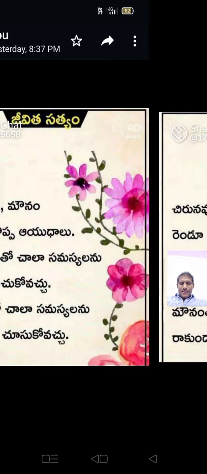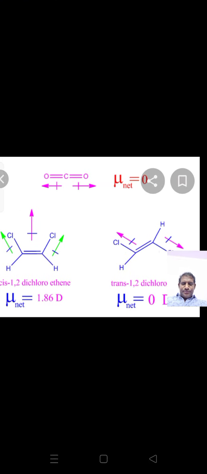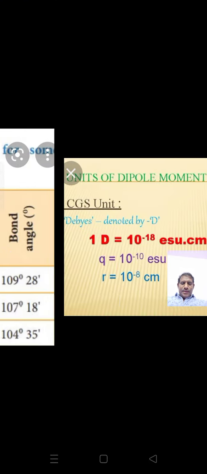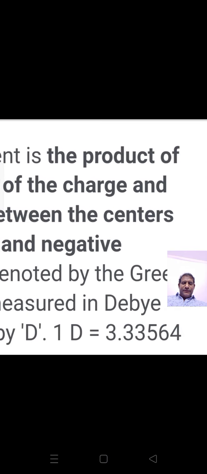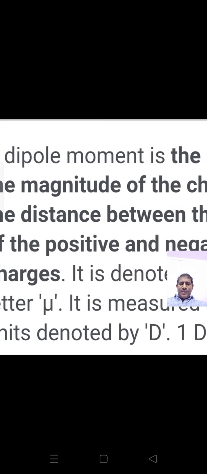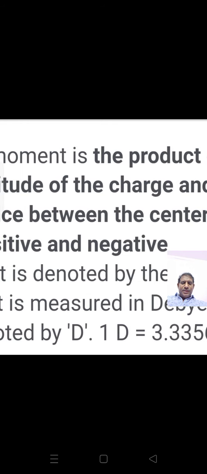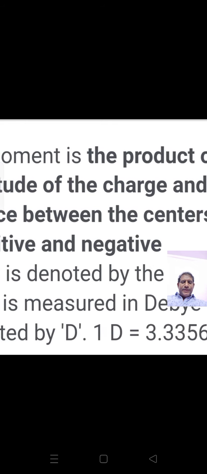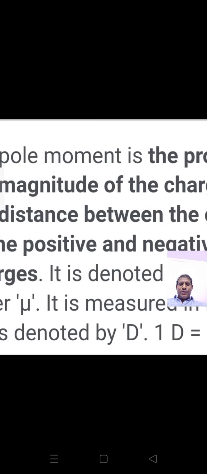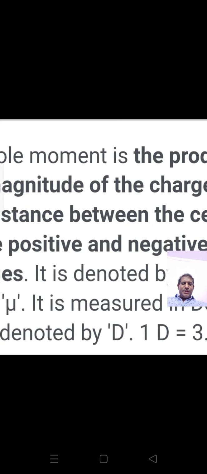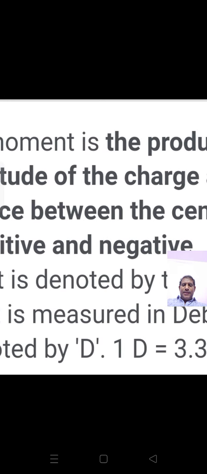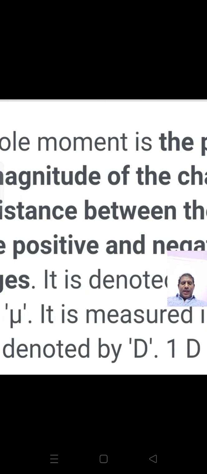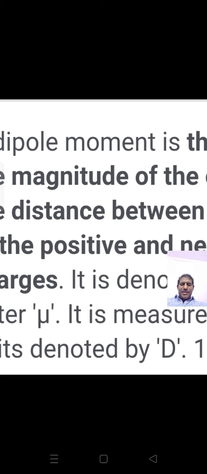Now let us discuss dipole moment. Dipole moment is defined as the product of the magnitude of the charge and the distance between the centers of the positive and negative charges.